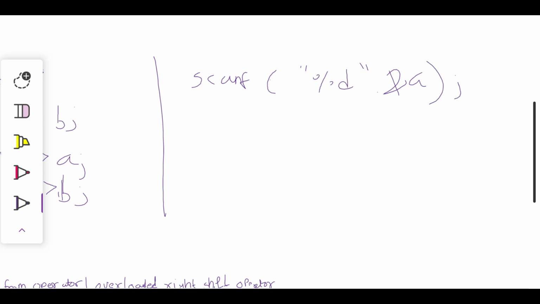In this way we were writing in the case of C language.